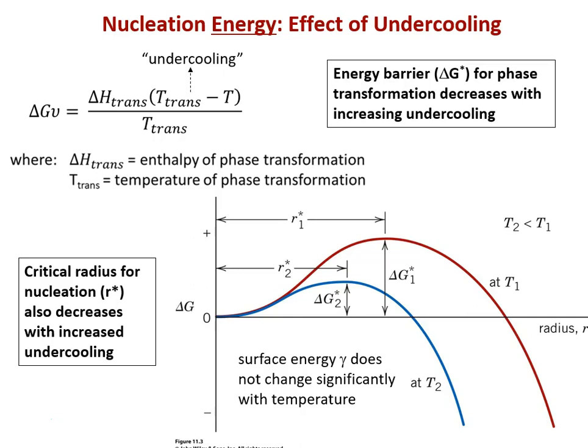So we can take the radius at which we suddenly hit the maximum, when we hit the maximum of these curves, and define it as the critical radius for nucleation. Any nucleating particle that is smaller than that will tend to dissolve. Anything that manages to get bigger will spontaneously continue to increase in size and grow at the expense of the other material.